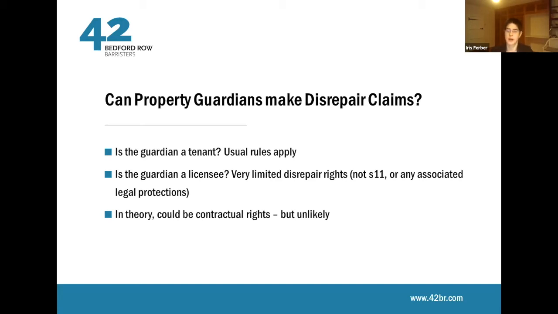So I would be very surprised in any particular case to find that there were contractual rights in the contract that the guardian has with the guardian company in relation to disrepair.